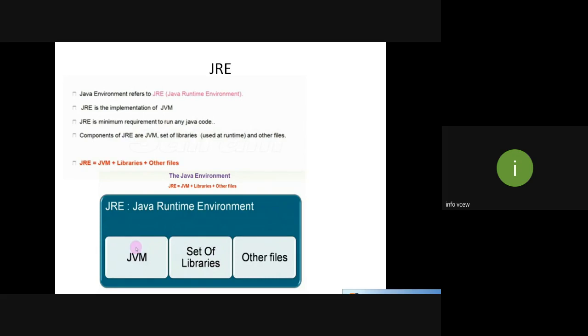Because the JVM is present inside the JRE. What is the job of JVM? The bytecode is converted into machine code, so any bytecode is run by the JRE environment. Can you be clear about this?